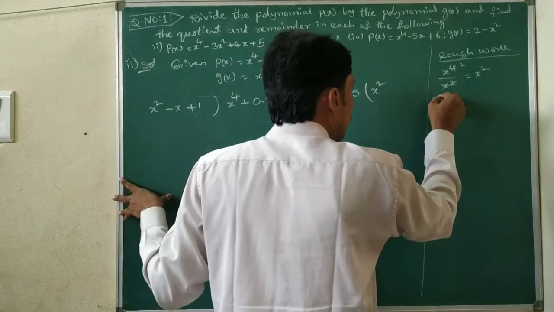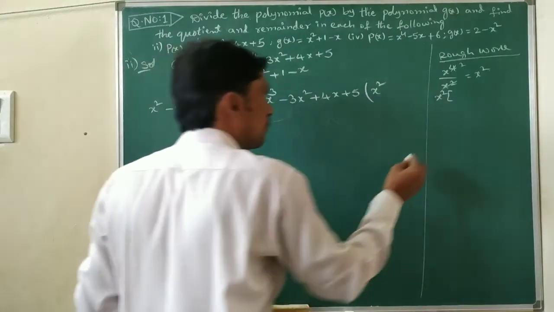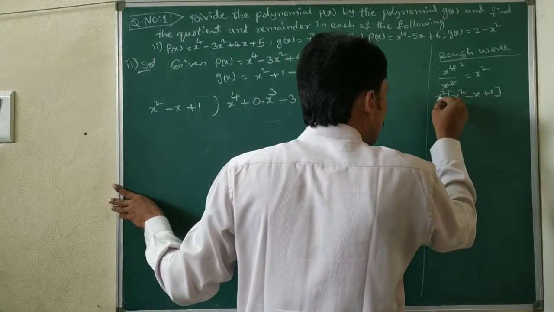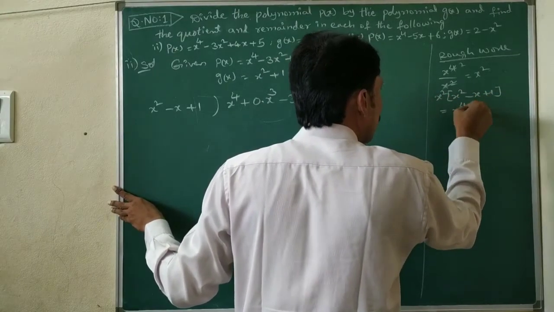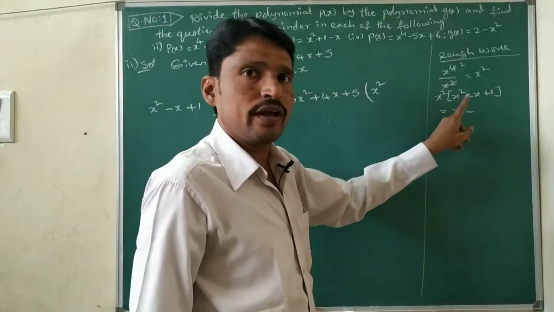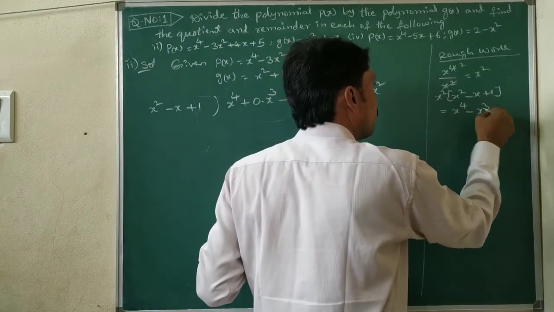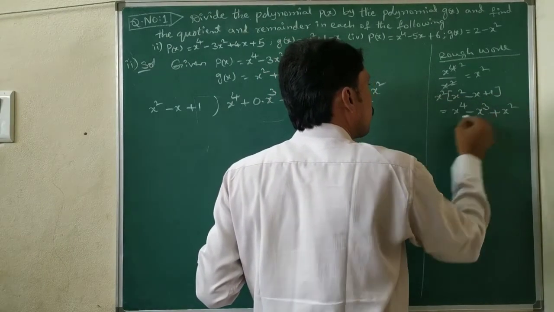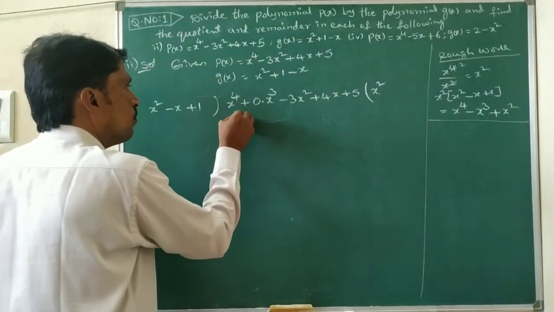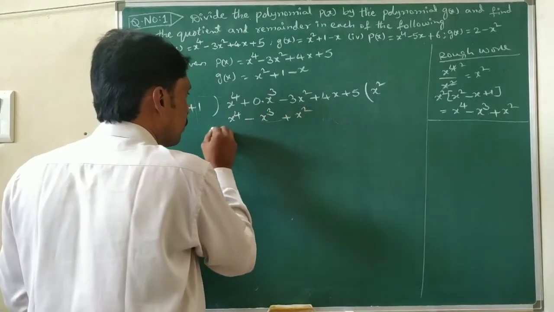Now multiply by the divisor x square minus x plus 1: x square into x square is x power 4, x square into minus x is minus x cube, and x square into 1 is x square. This is the first step. Now write it here: x power 4 minus x cube plus x square.